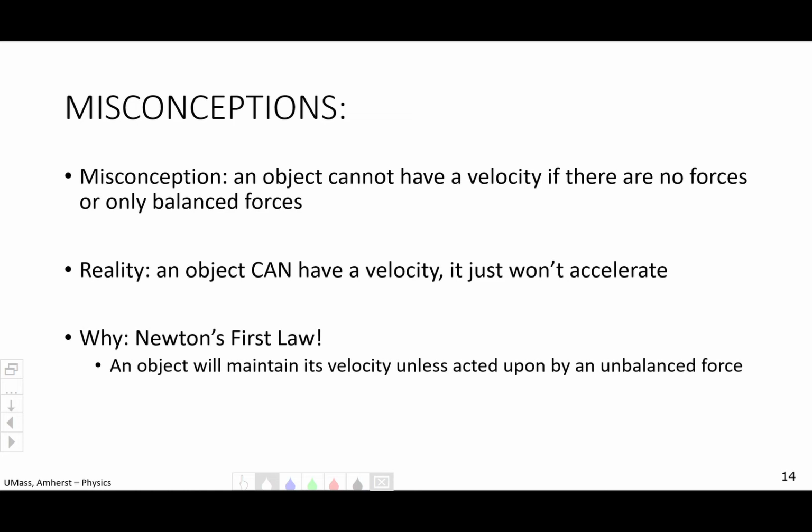And once it leaves your hand, you can no longer exert a force on it. So if you can't exert a force on an object, you cannot influence its motion. So that wrench will continue to move at a certain velocity away from you, even though there are no forces. So no forces, you can still have motion.